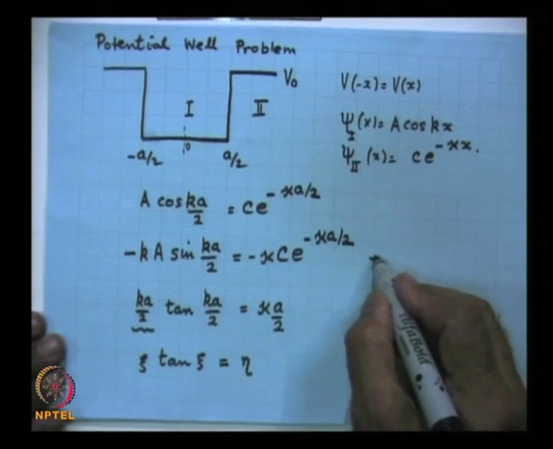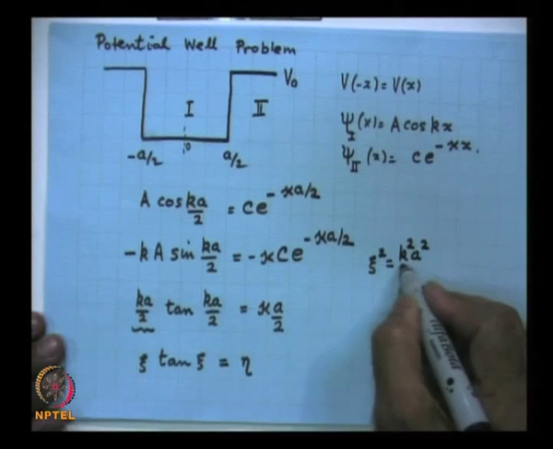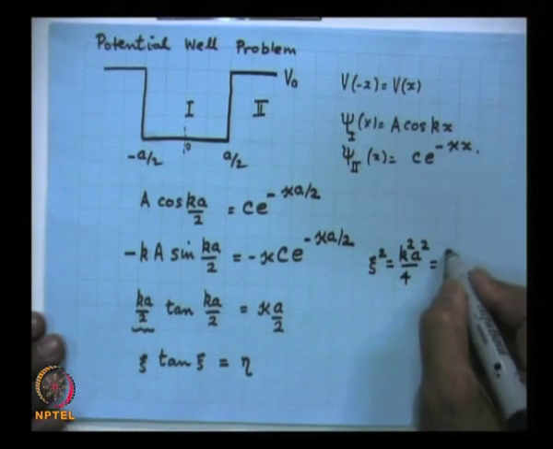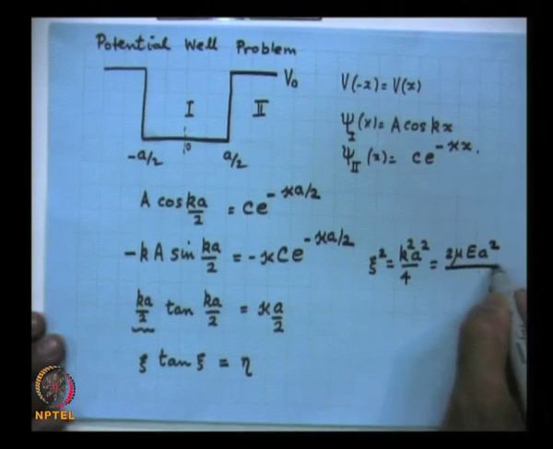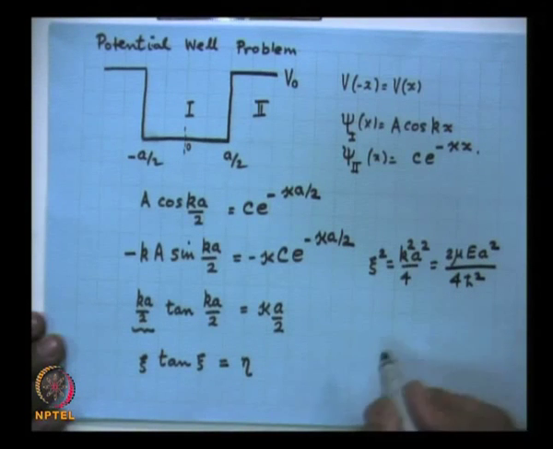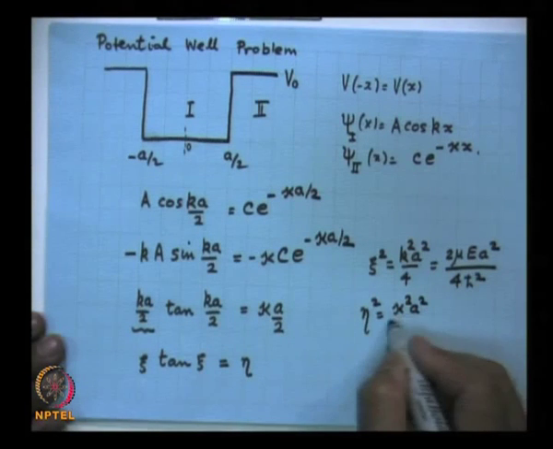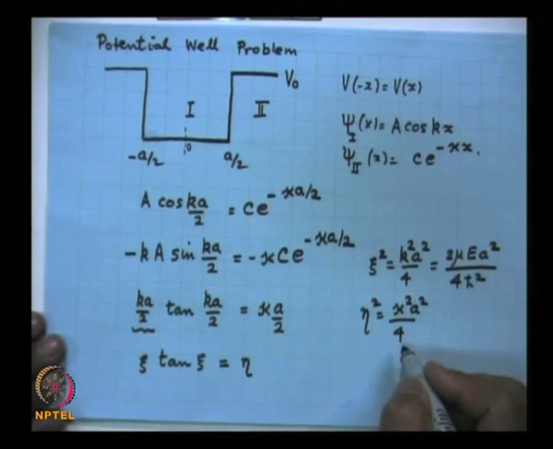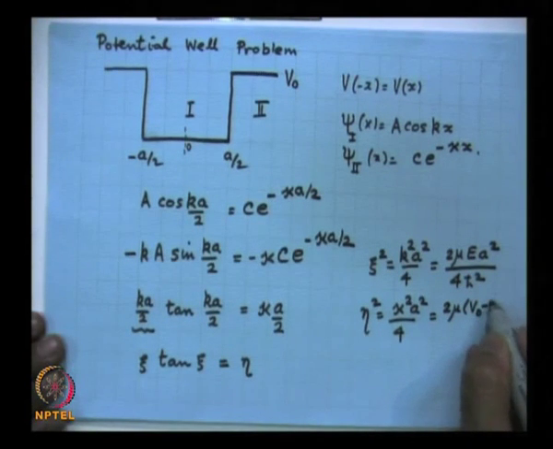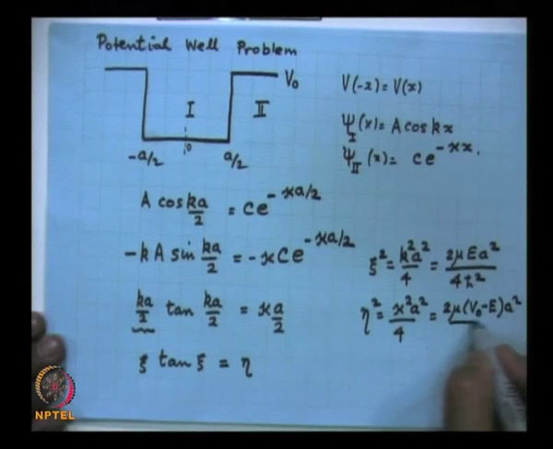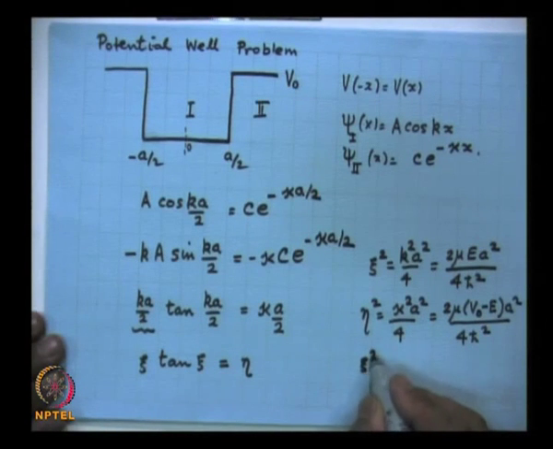So, we know that xi square is equal to k square a square by 4, or this is equal to 2 mu E a square by 4 h cross square, and eta square is equal to kappa square a square by 4. So, kappa square is equal to 2 mu (V0 minus E) a square by 4 h cross square.